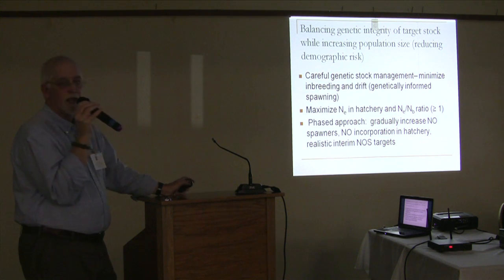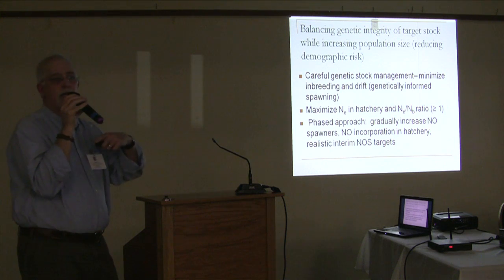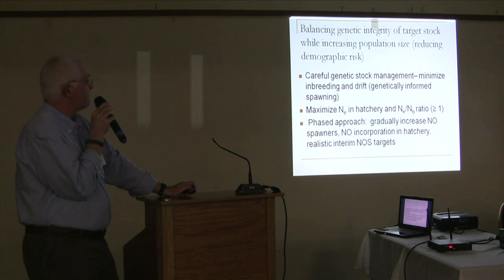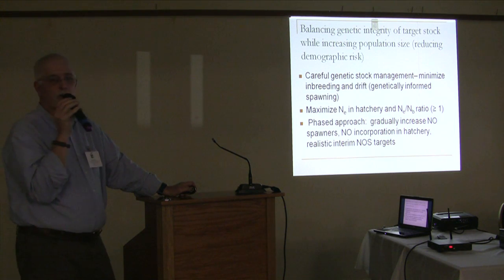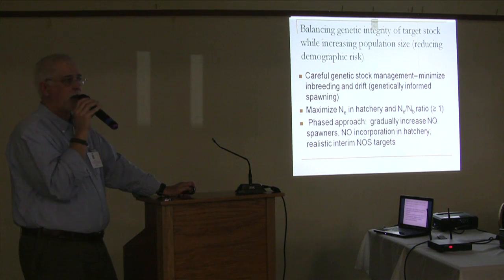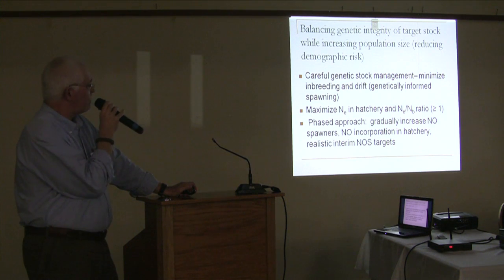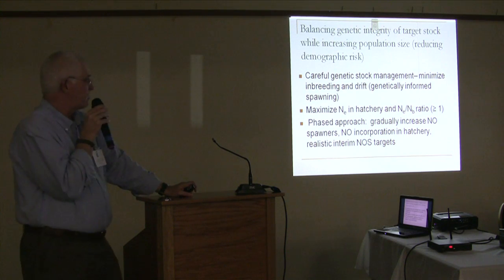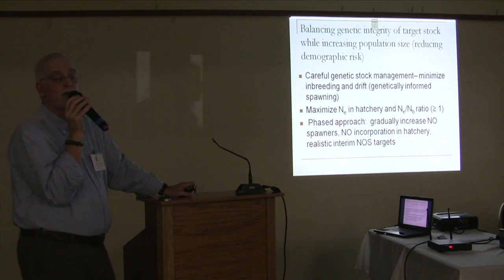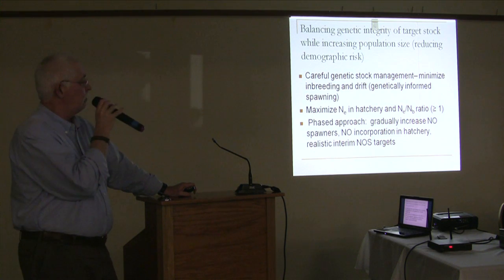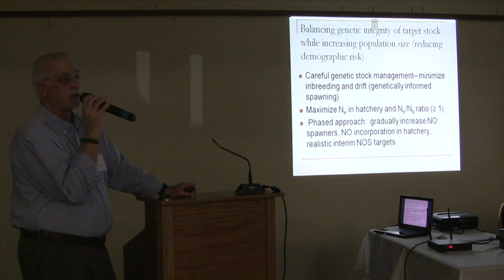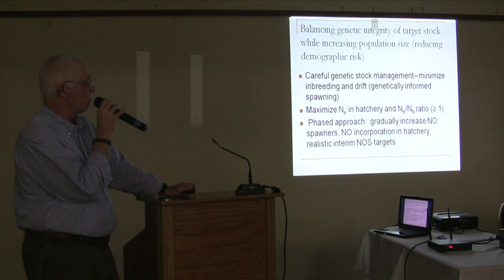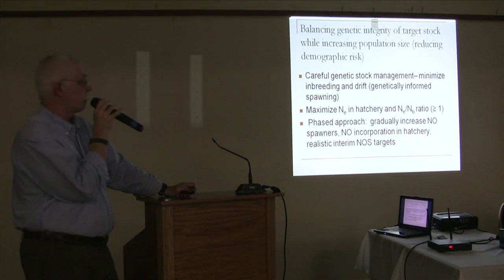With careful genetic stock management, like we heard about for the Iron Gate Hatchery Coho program, you can minimize inbreeding and drift with this kind of genetically informed spawning. And that actually works pretty well. You can also maximize the effective size in the hatchery, and sometimes you can even pair that with the effective size to the number of breeders ratio, keeping that at or above 1, which also maintains genetic diversity.